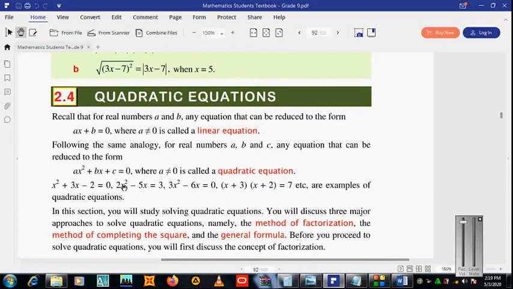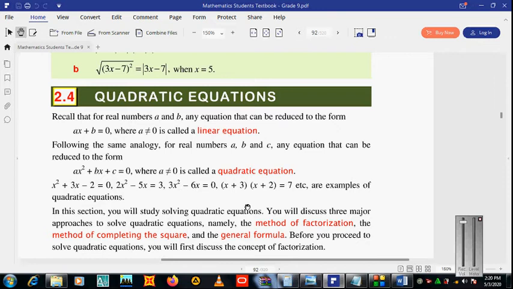Here a is equal to 1, b is equal to -5, c is equal to -3, because x squared minus 5x minus 3 is equal to 0.